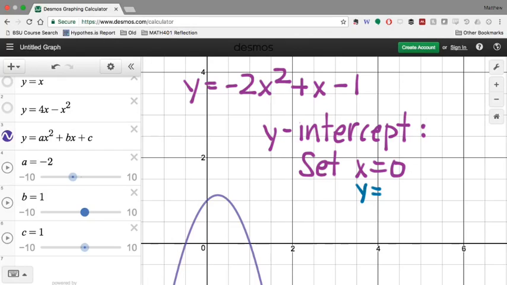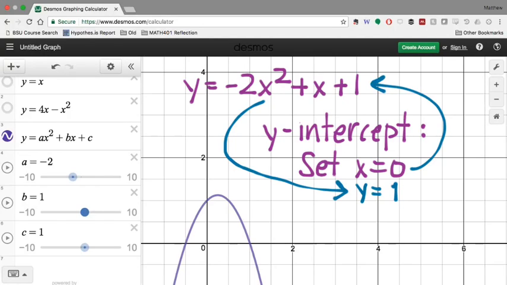Yep, I have a typo. My apologies, it's plus 1 in the equation. And so what is the y-intercept? y is equal to 1. The coordinates are just 0, 1. So there's my y-intercept.